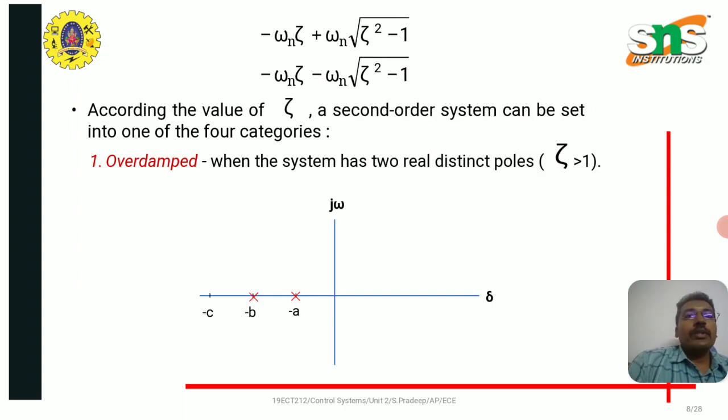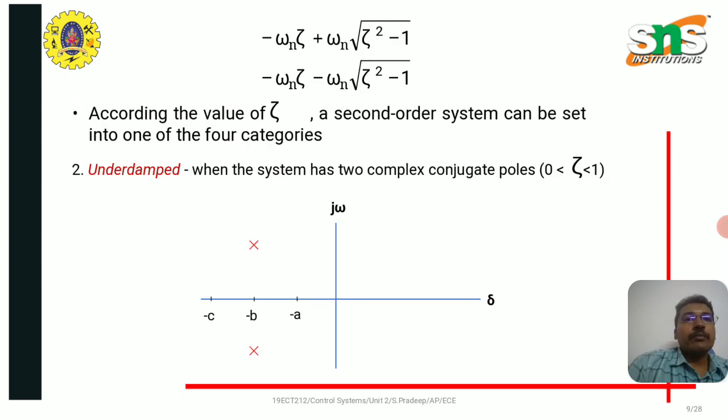According to the values of tau, a second order system can be set into one of four categories. The first one is overdamped, when the system has two real distinct poles, where tau is greater than 1. The second one is underdamped, when the system has two complex conjugate poles, and tau lies between 0 and 1.